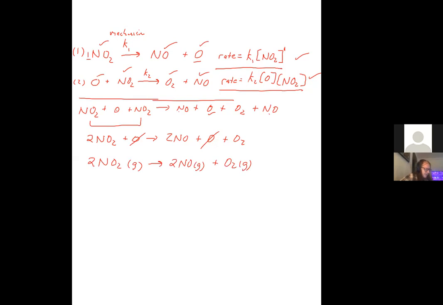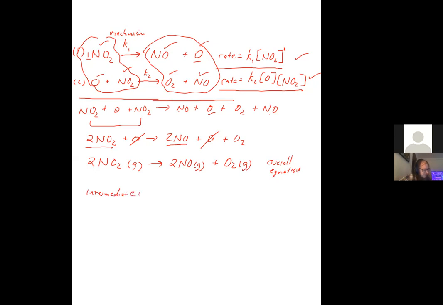Now, that's the overall equation. So anything that's a reactant, you put together. Anything that's a product, you put together. You combine like terms, and you cancel anything that's on both sides. Now, here is our definition of the intermediate.